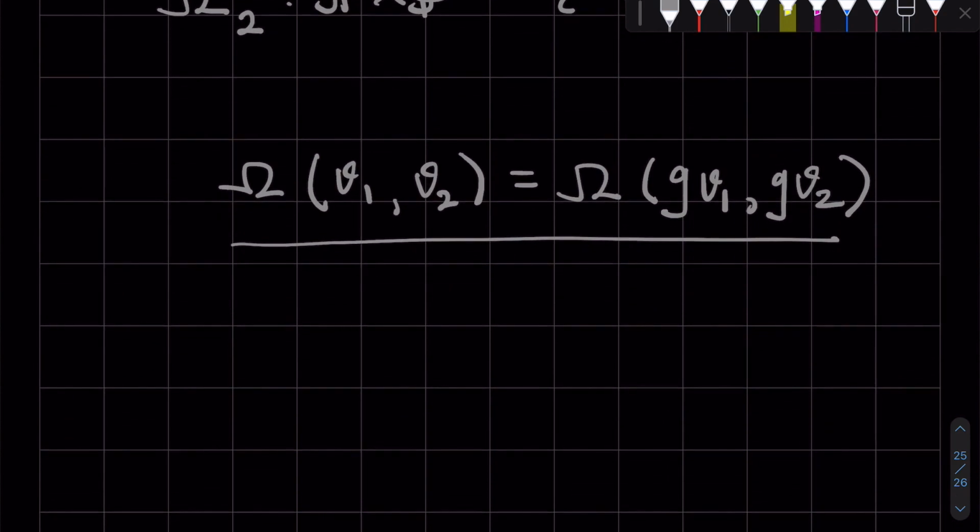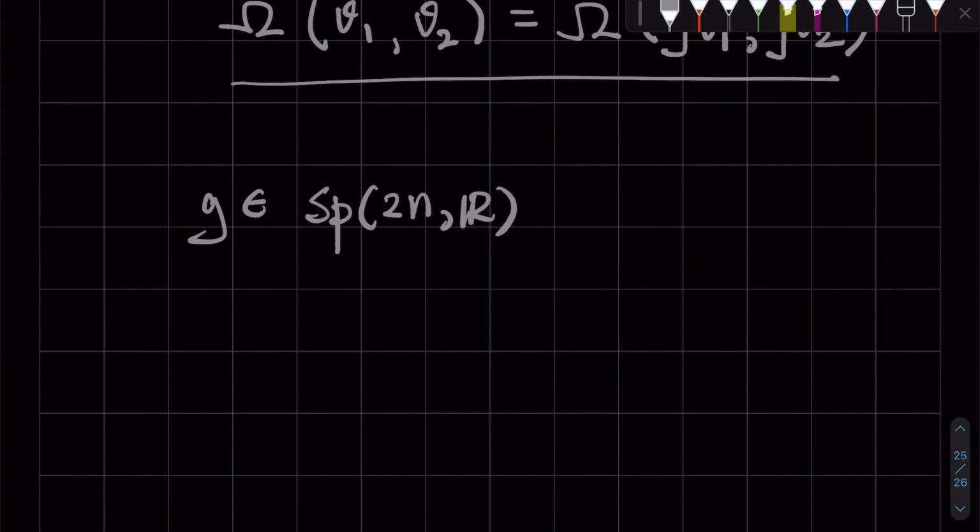So it turns out these matrices form a group. For a system of n degrees of freedom, this group is called Sp(2n, R), where Sp stands for symplectic. This is also called a symplectic group.